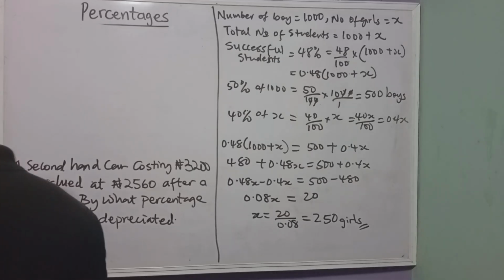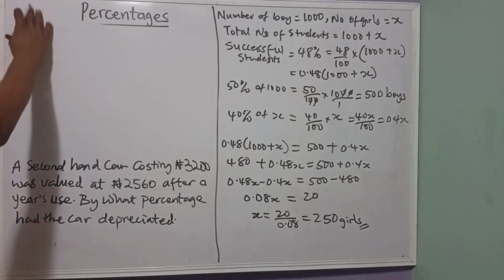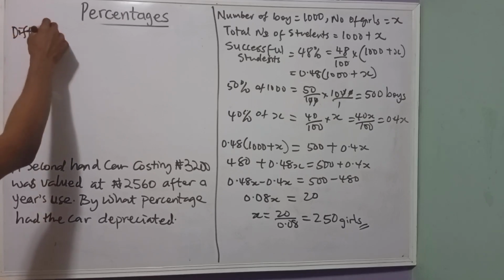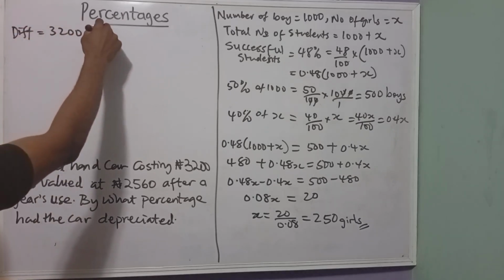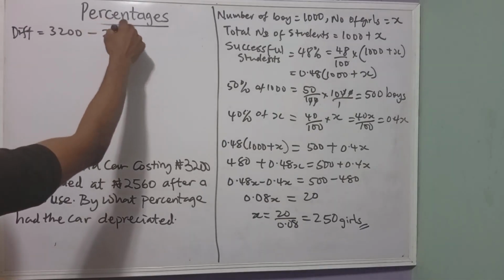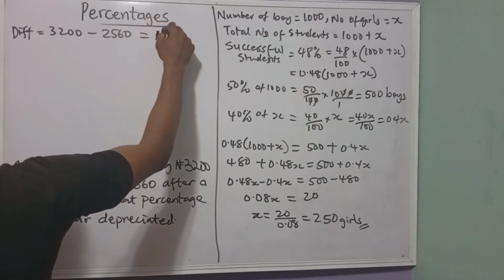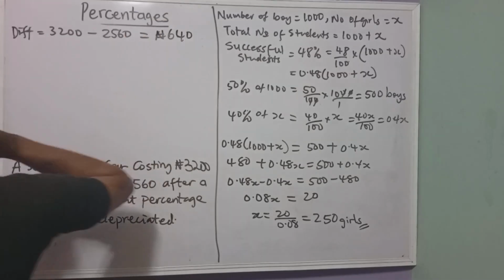Now let's find the cost difference. The cost difference is 3200 minus 2560, which gives us 640. So it depreciated by 640 naira.